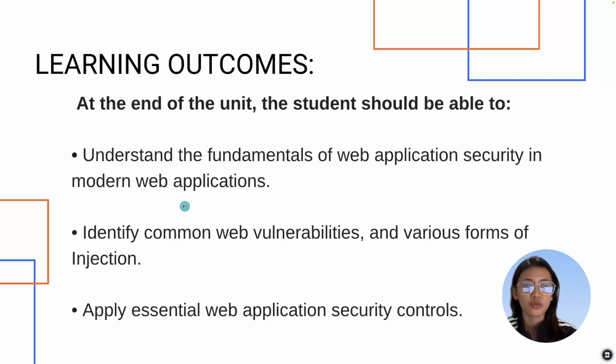After which, we're going to identify the common web vulnerabilities and the various forms of injections. The last part would be to apply the essential web application security controls. These are input validation, output encoding, security session management, and so on.